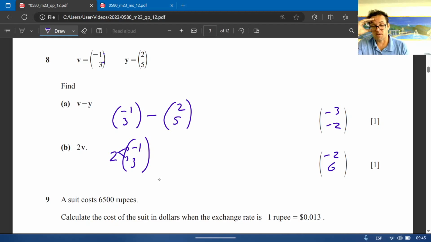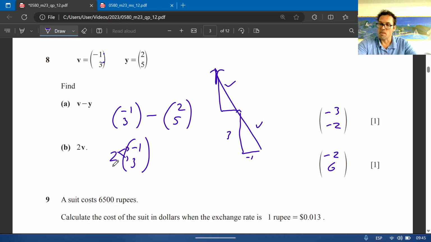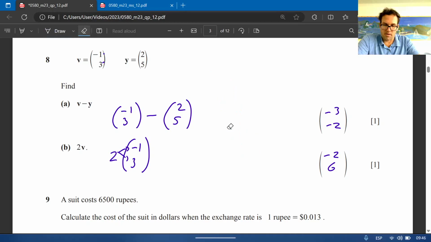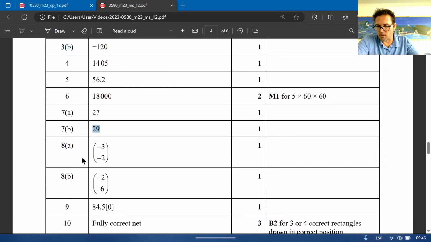Basically, if the vector V is 1 square to the left, 3 squares up, you put a 2 in front, you double that. So the vector V is now twice as long. Interesting, isn't it? Anyway, those are the correct answers. You don't believe me? There they are. Minus 3, minus 2, minus 2, 6.